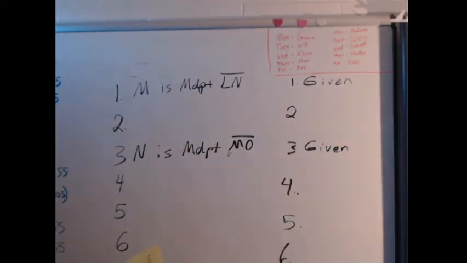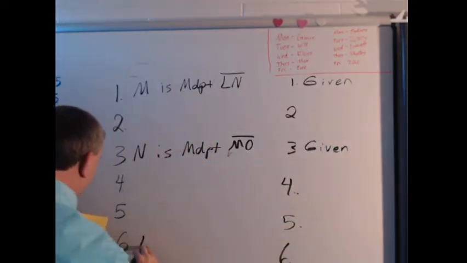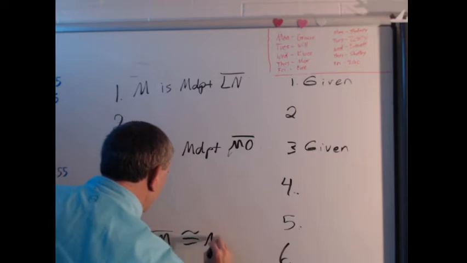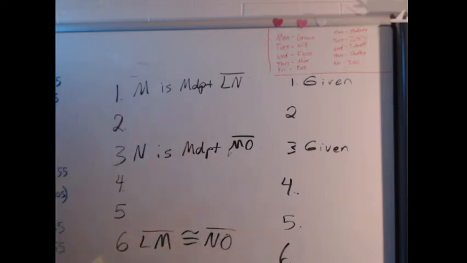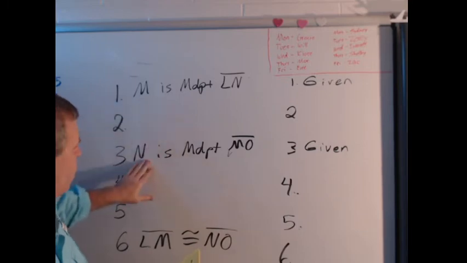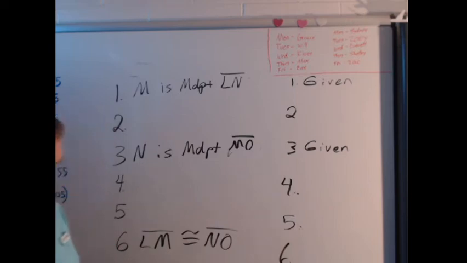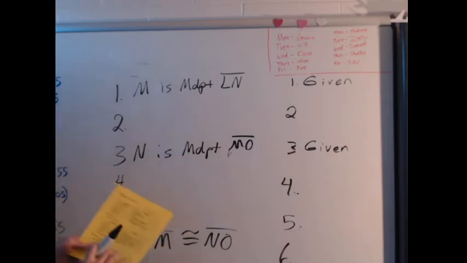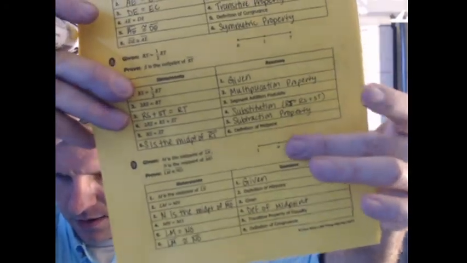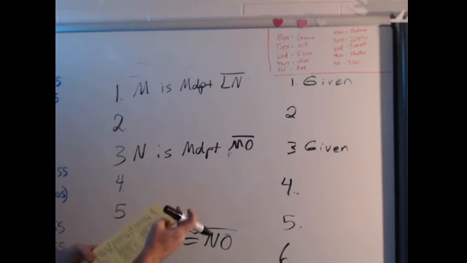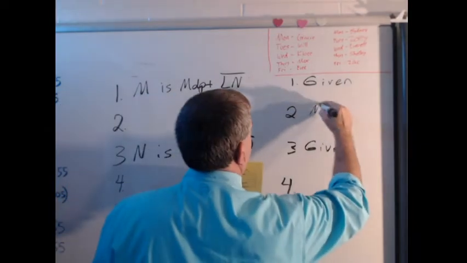So whatever you're given, you know you're going to use throughout. This is a given, that is a given, LM is congruent to NO. As we work our way down, we'll be able to show that based off of this figure right here. Look at it, it will help you with some of what you need to know.